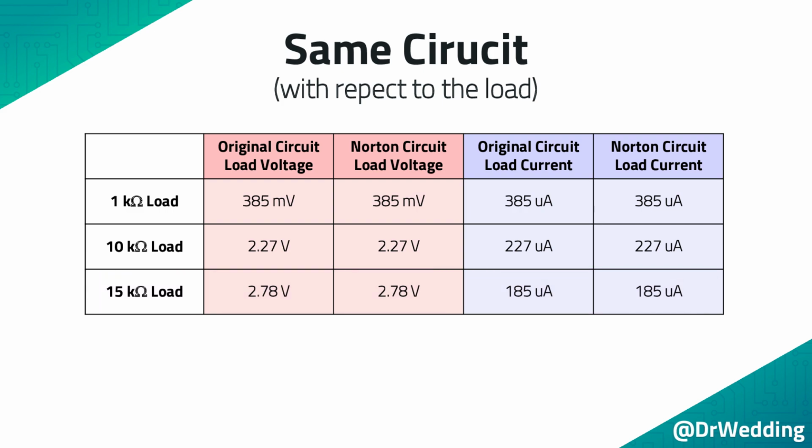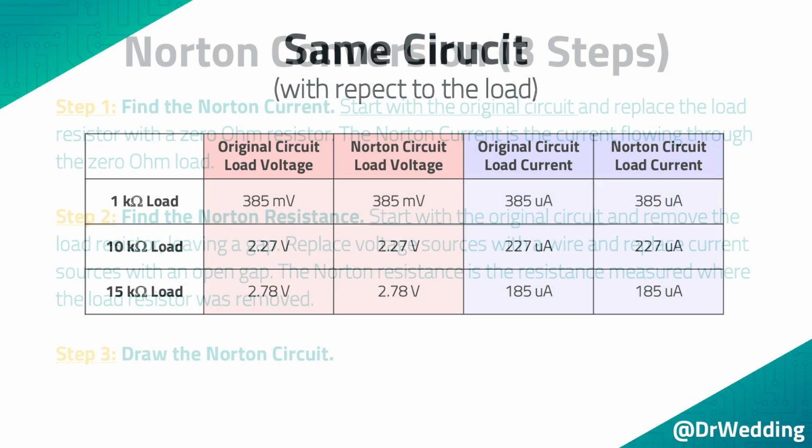The original circuit and the Norton equivalent circuit will always deliver the same voltage and current to the load. Because power is voltage times current, you can also say that both circuits deliver the same power to the load.